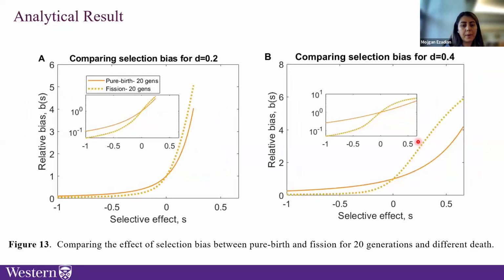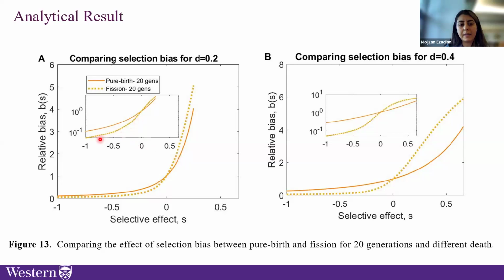This figure compares the selection bias for different death probabilities, and compares the pure birth model with fission distributions. So again, when S is positive, for the beneficial part, the fission distributions show a higher relative bias compared to the pure birth model.